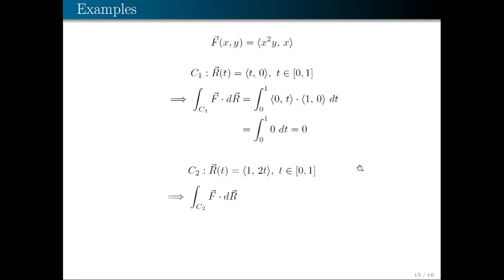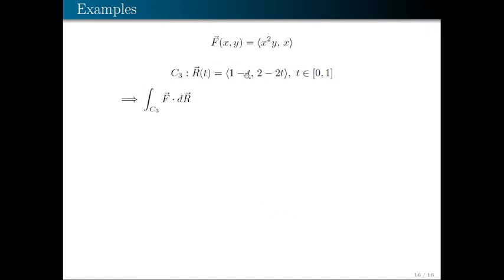Next, for C2, parameterized by this, x is equal to 1, y is equal to 2t. So f can now be written out as 1 squared times 2t, or 2t, then 1. So (2t, 1), then dr would be (0, 2) dt. Then the dot product is just 2, and the integral of 2 would just be 2t, which we evaluate from 0 to 1, having a value of 2.